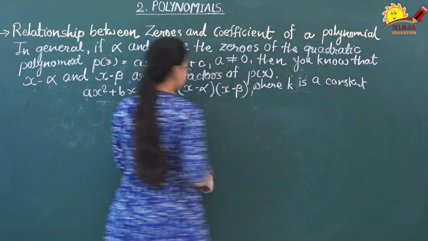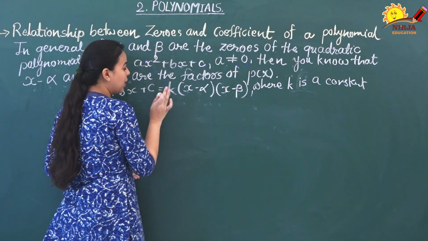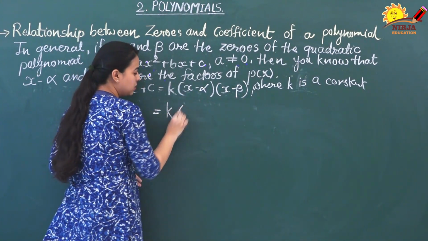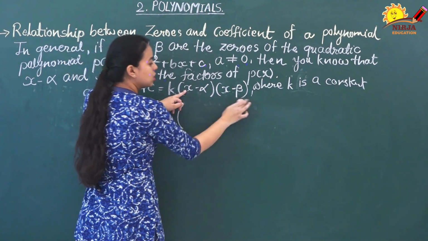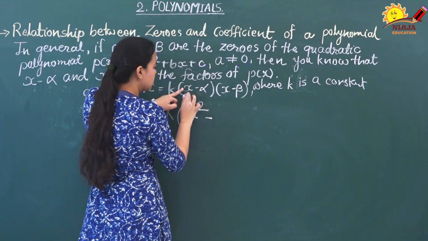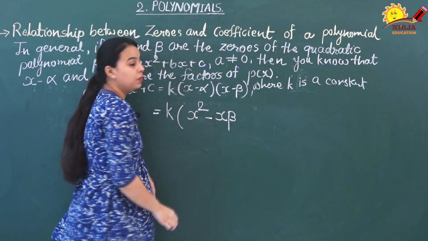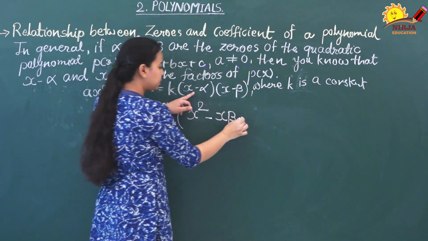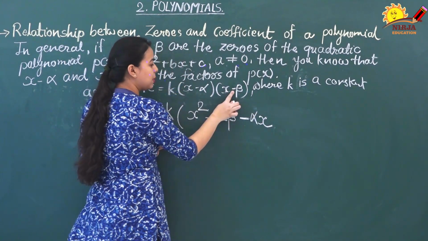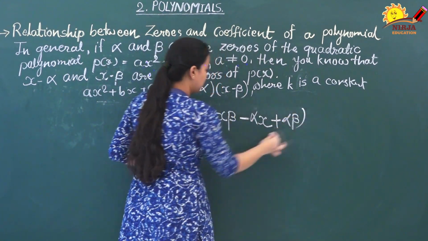Now let's solve this further. This k is a constant, so I am going to keep k as it is for now. Let's multiply these two terms. First I am going to multiply x with this whole term. x multiplied by x will become x square, minus x multiplied by beta is equal to minus x into beta. Now it's the turn of alpha. Minus alpha into x, and minus minus will become plus alpha into beta.